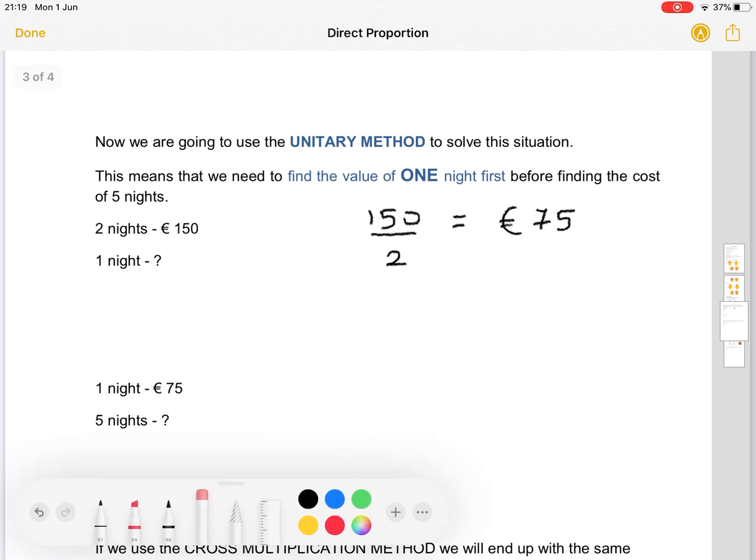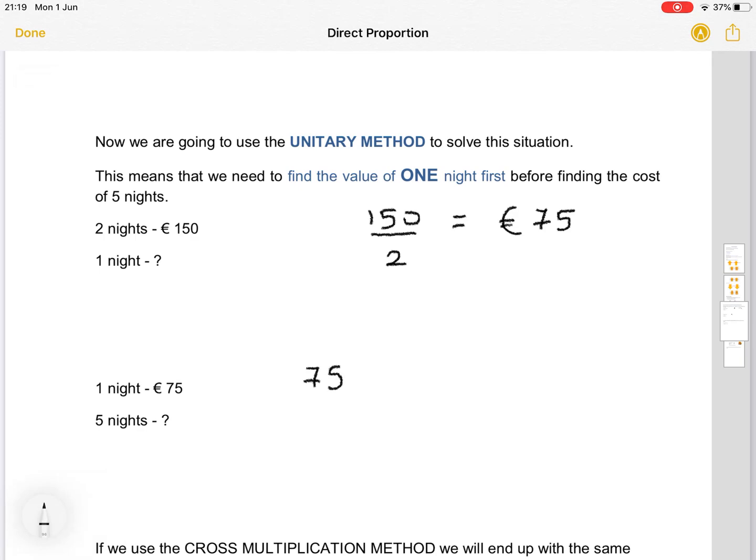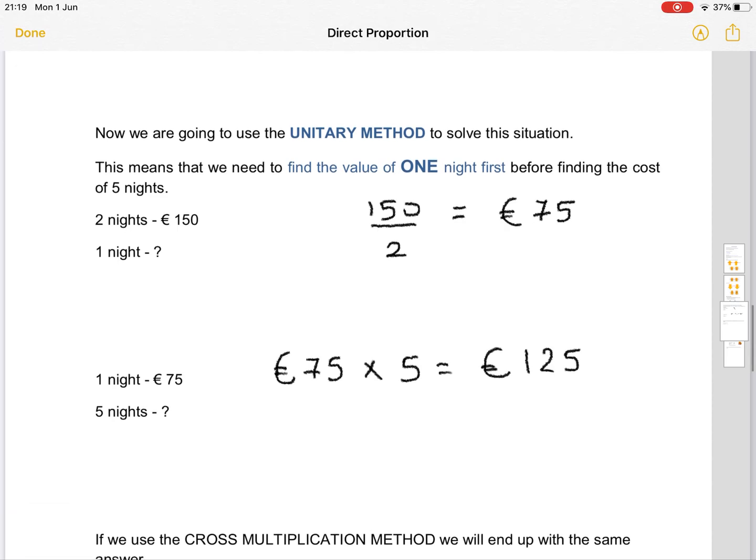When I know the value of 1 to find the value of many, alright, I need to multiply 75 euro times 5, that is 125 euro. Alright, it is 125 euro. Okay, now we've used, so that's the unitary method. Okay, that's one method. The answer is 125 euro.